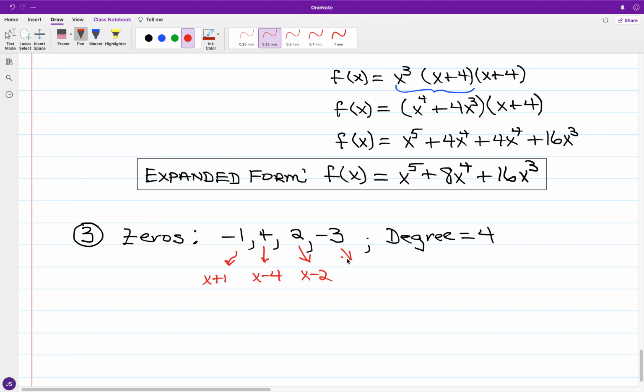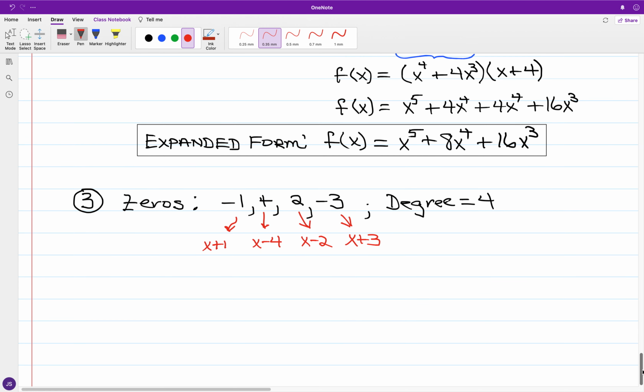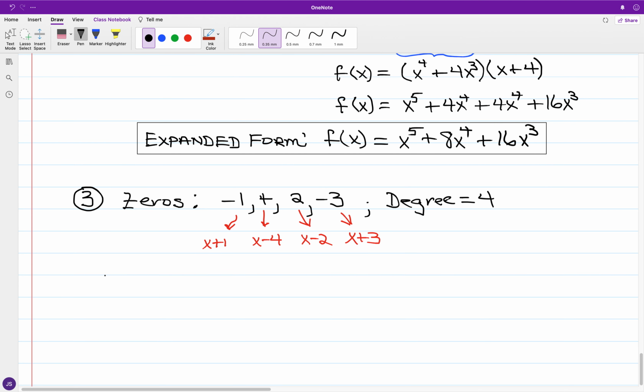And with -3, this comes from a binomial that you would set equal to 0, such as x plus 3. If x plus 3 is equal to 0, x equals -3, and x minus 2 leads to 2, x minus 4 to 4. And if I set x plus 1 equal to 0, I would have the 0 value at x equal to -1.